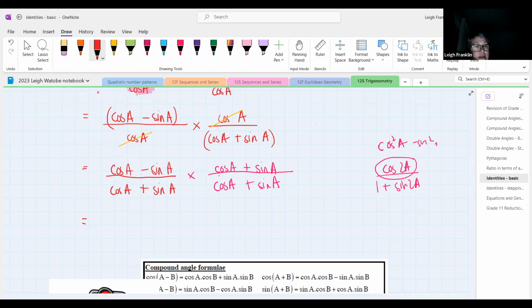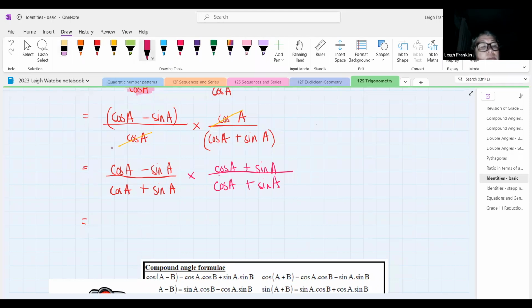All right, now again, in order to be able to do trig, we've got to be able to work with fractions. We've got to be able to add, subtract, divide, and multiply, because now we're in a situation, Matric, where we're multiplying our fractions together. So we want to multiply numerator with numerator and denominator with denominator. That's how we multiply fractions.